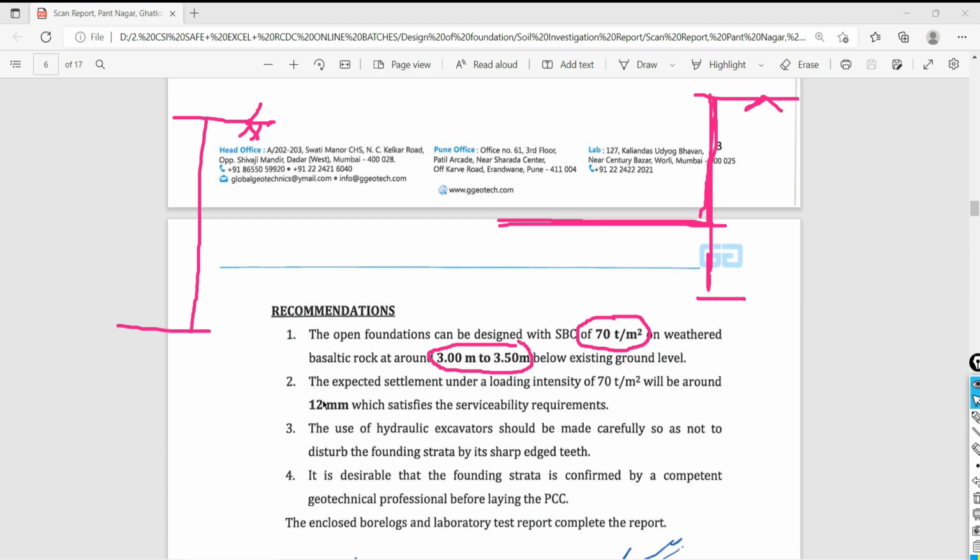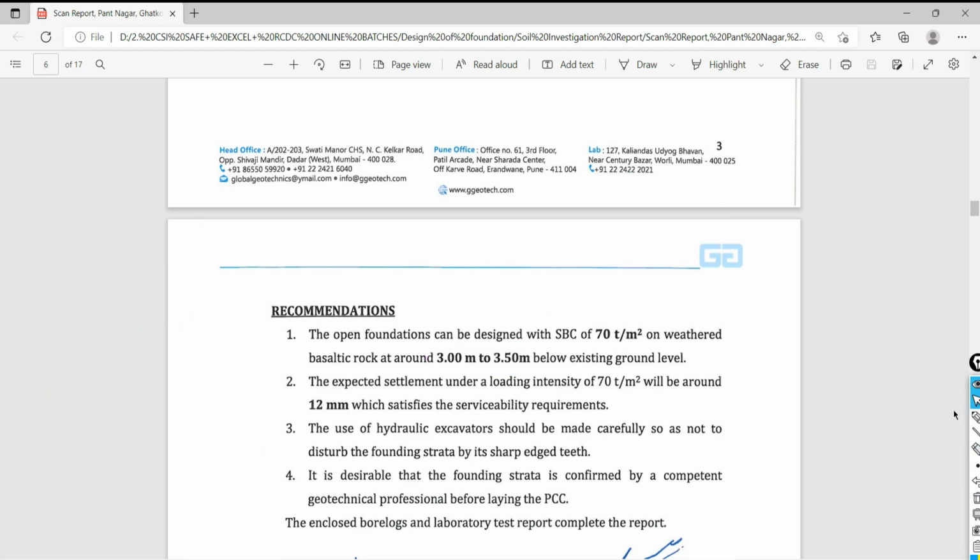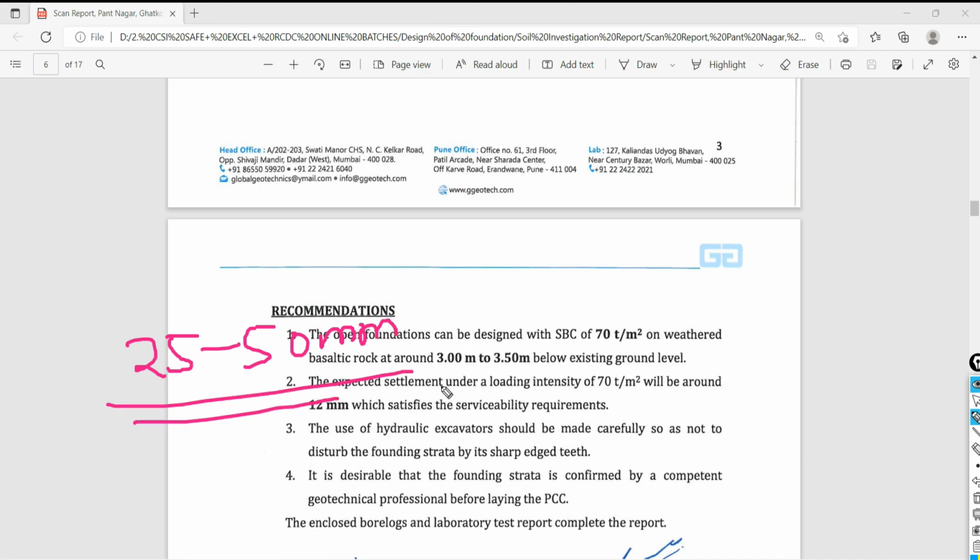Thereafter, what is the allowable settlement? Previously I told you, from 10 to 20, 25 to 50 allowable settlement normally we consider for our proposed structure, but here it is given as 12.